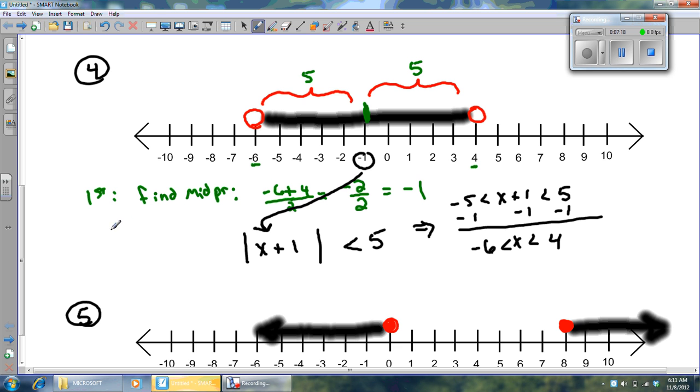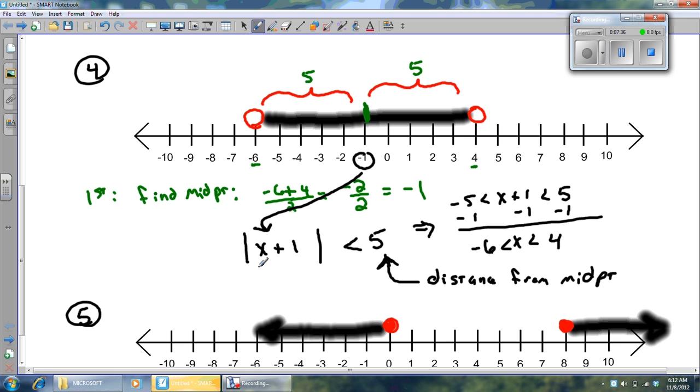So remember, this number here is the endpoint's distance from the midpoint. How far is the endpoint from the midpoint? Okay, so distance from midpoint.